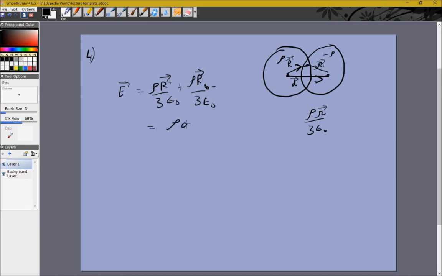So it is equal to rho d by 3 epsilon naught, which means the electric field within this overlapping region is constant in both magnitude and direction because d is a constant vector. That does not mean the electric field is zero. It does not mean the potential is constant, but it does mean that options C and D are true. So the answer in this case will be C and D.